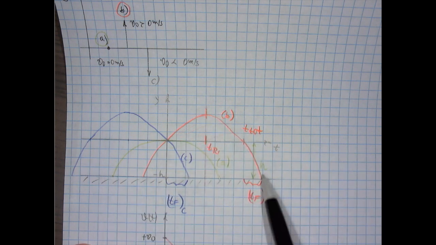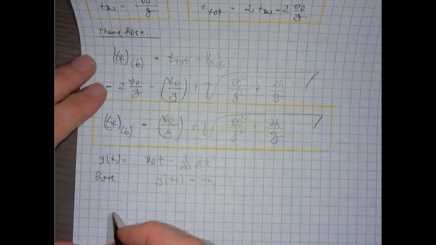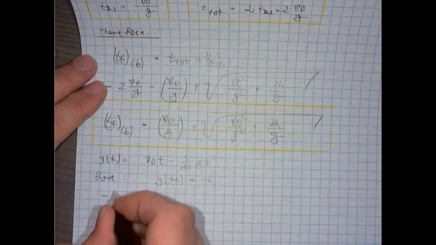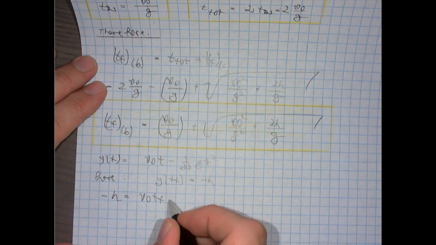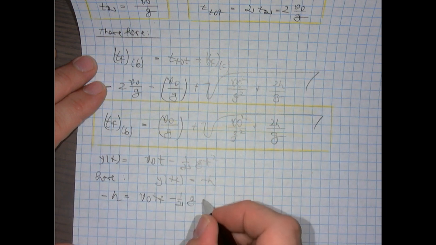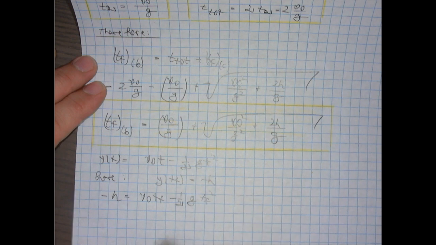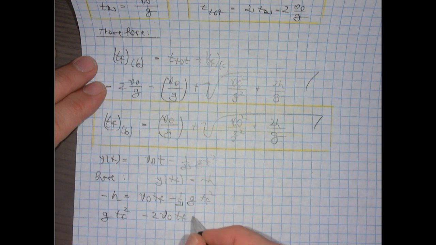So I should get this solution and this solution here. So therefore, what do I find? I have here now minus h equals v0tf minus a half g tf squared. I solve this now, putting this into the proper form, g tf squared minus 2v0 tf minus 2h equals 0.